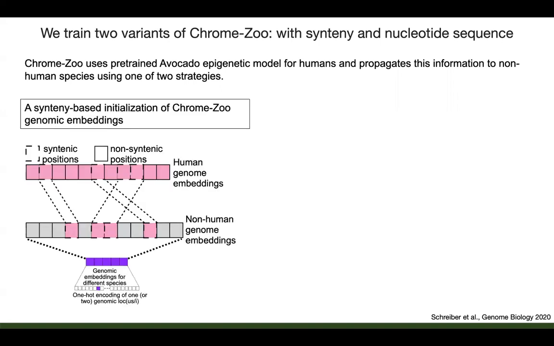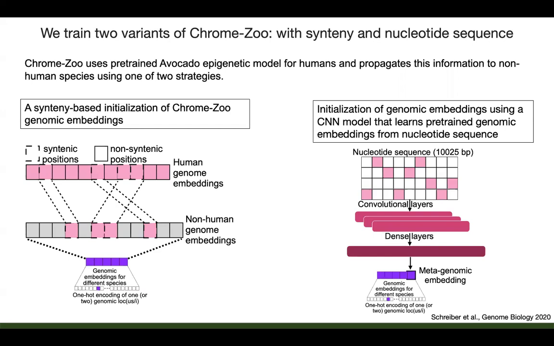The first one is a synteny-based initialization, where the syntenic locations of the non-human genomes use the human embeddings from the corresponding locations in human. And in parallel, we train a CNN model to learn these embeddings from nucleotide sequence. This model then produces these embeddings for all the non-human species using their nucleotide sequence.